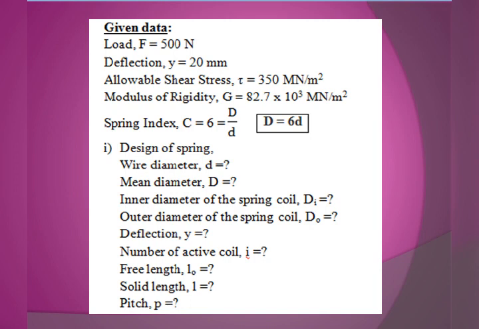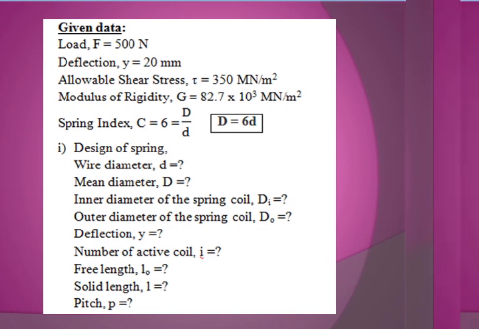Spring index C that is equal to 6, but we know that spring index C is equal to a ratio of mean coil diameter to the diameter of the wire, that is C is equal to capital D by small d. That implies capital D, mean dia of coil, is equal to 6 times the d.